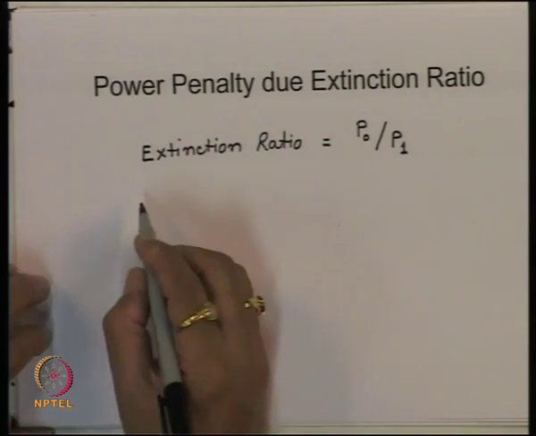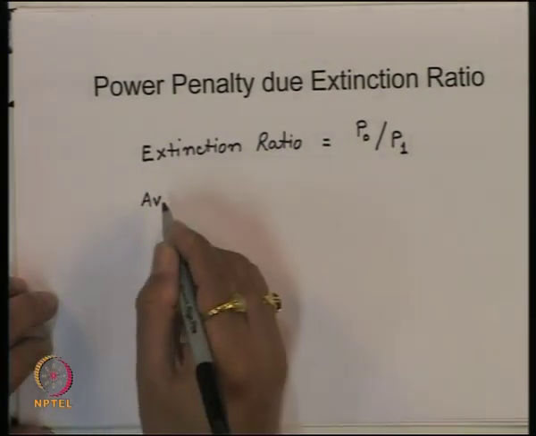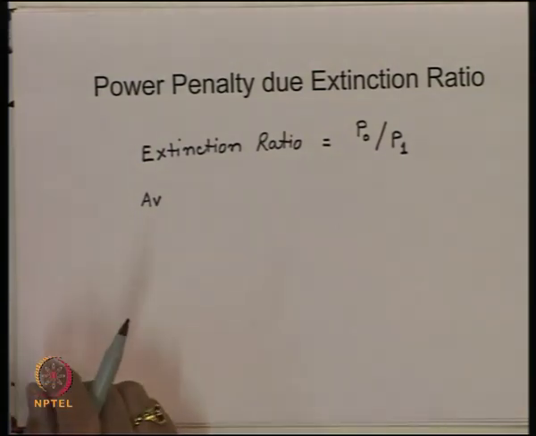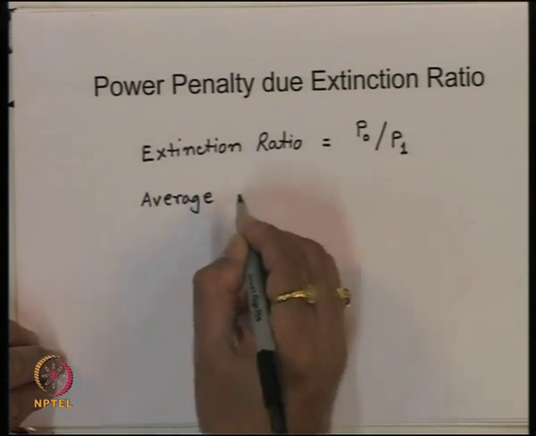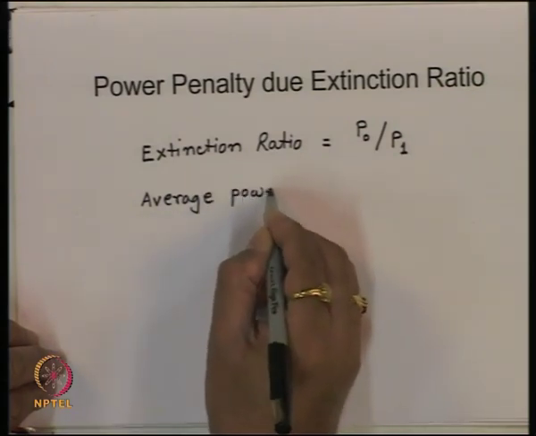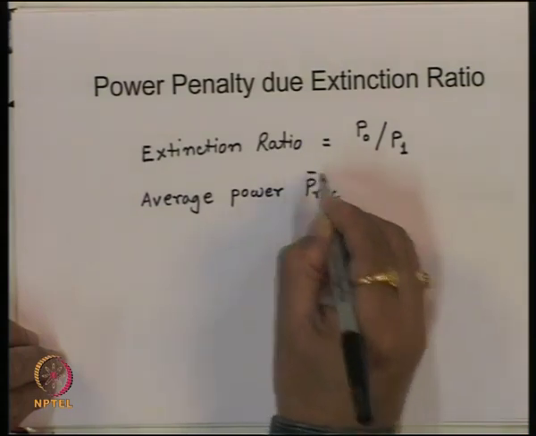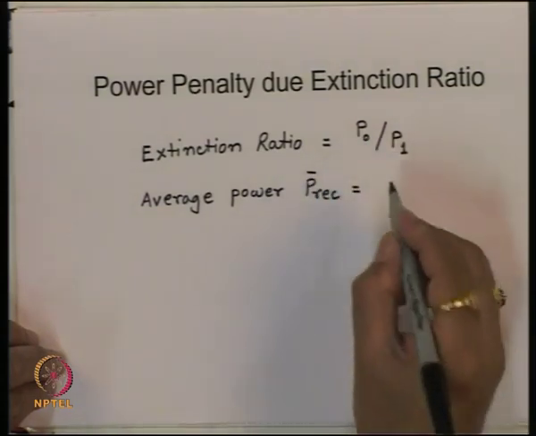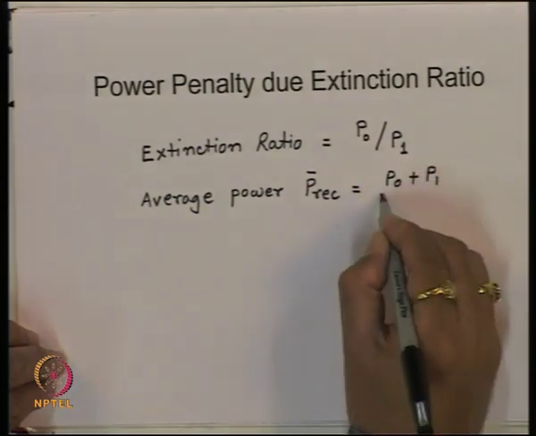Then we can define the average power, as we did in the last lecture for finding out the minimum detectable power. So, we can say this is the average power, say P REC, that is the mean of this, which is P0 plus P1 divided by 2.